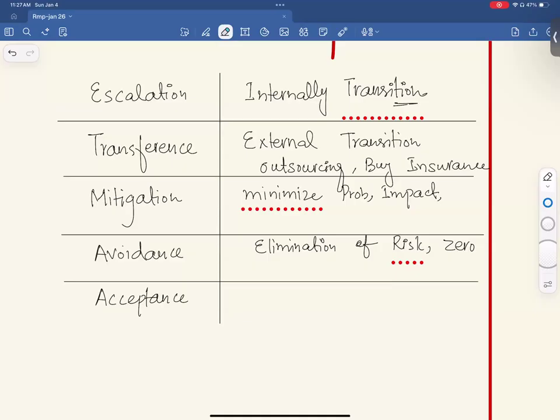So here is another interesting question. As part of risk assessment, can we kill the whole project as well? Absolutely, we can completely kill the project. Yeah, that's right. If there is a very high level of risk, the project can be killed.